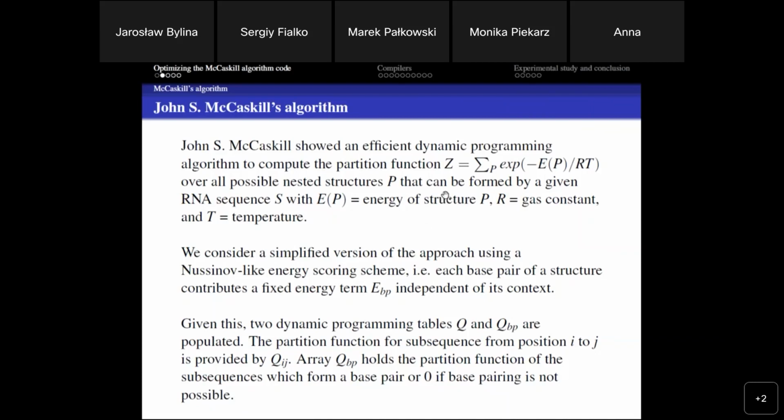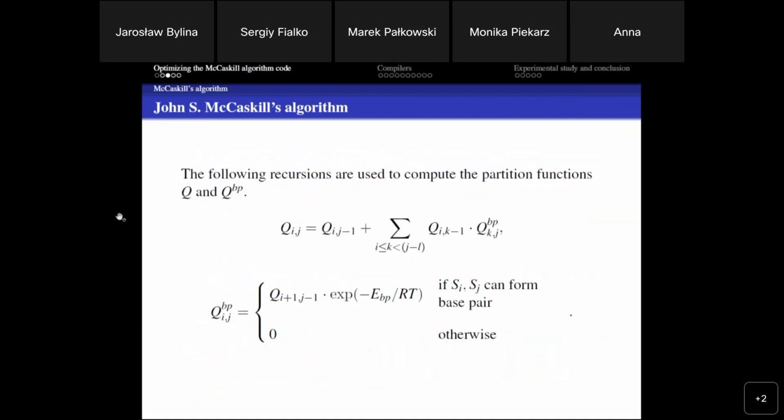And the target of this method is to optimize the energy. So E is the energy of the structure, R is the gas constant, and T is the temperature.